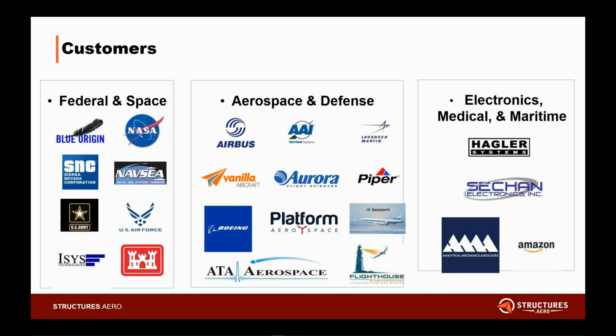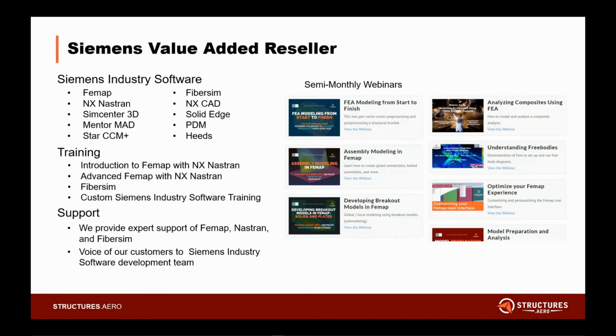We're currently working on a couple projects with Blue Origin and Sierra Nevada, and then also NASA, Aurora Flight Sciences, but we've worked with all these companies in the past. So we've got a broad connection with the industry, and that really helps us because we see a lot of things over the course of all these contracts. So we really gain a lot of experience that we're able to leverage with other customers.